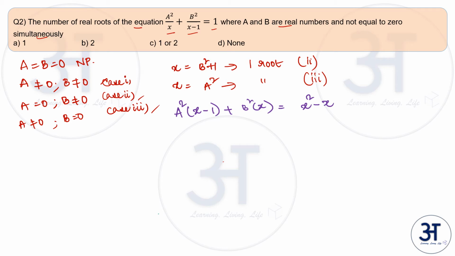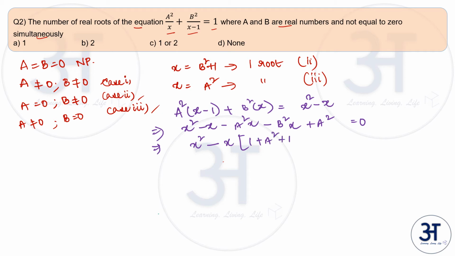So bringing everything to one side, we have x square minus x minus a square x plus a square minus b square x is equal to 0. This gives x square minus x into 1 plus a square plus b square, plus a square equal to 0.